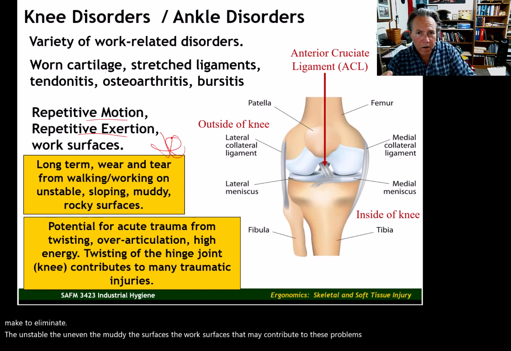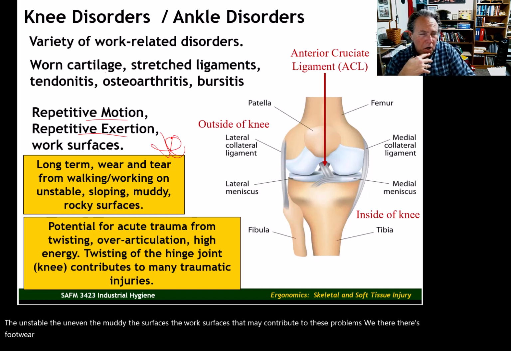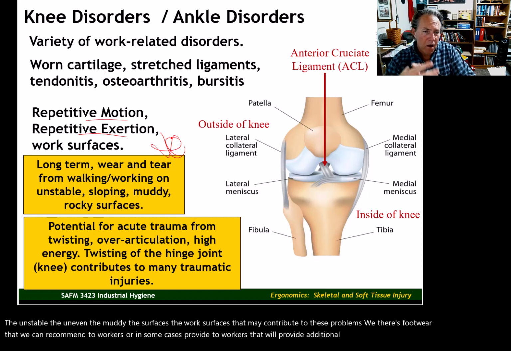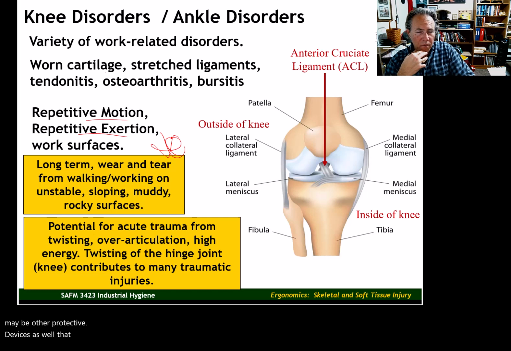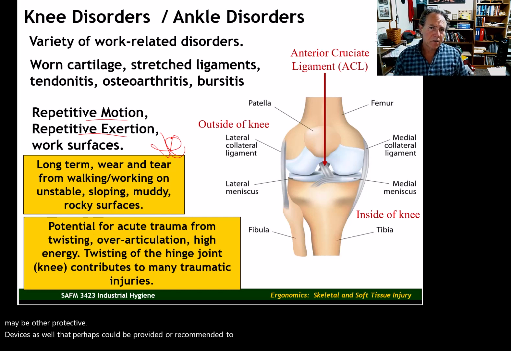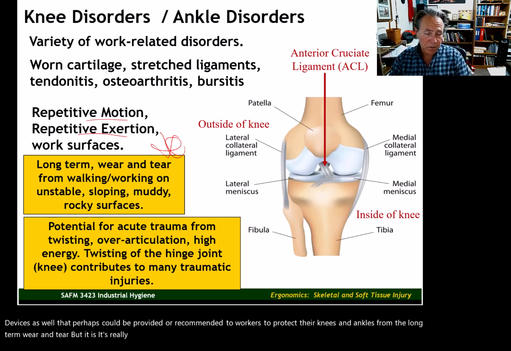There's footwear that we can recommend to workers, or in some cases provide to workers, that will provide additional stability. There may be other protective devices as well that perhaps could be provided or recommended to workers to protect their knees and ankles from the long-term wear and tear. But it's really a conundrum in safety management.